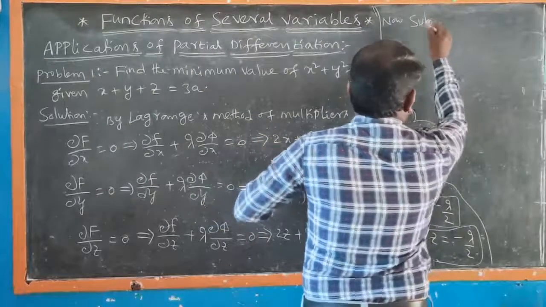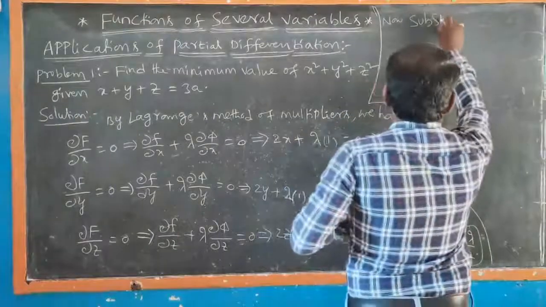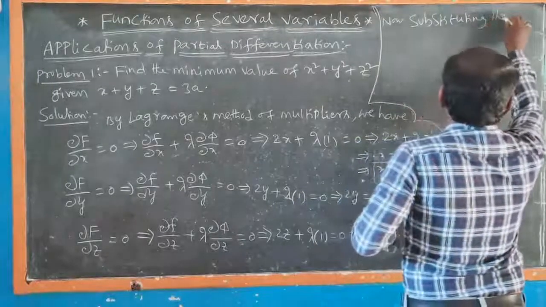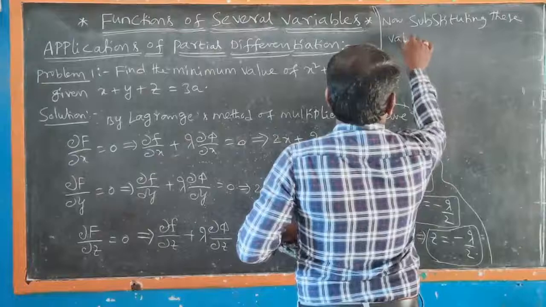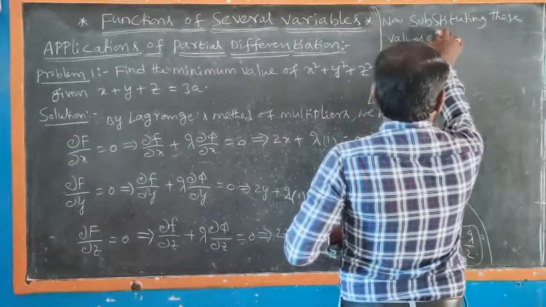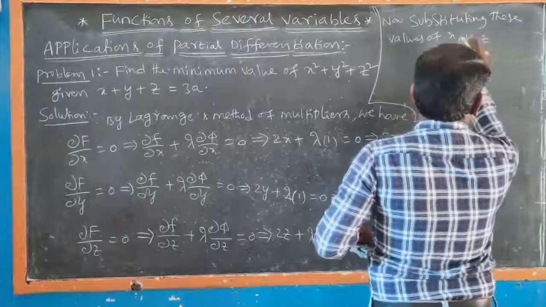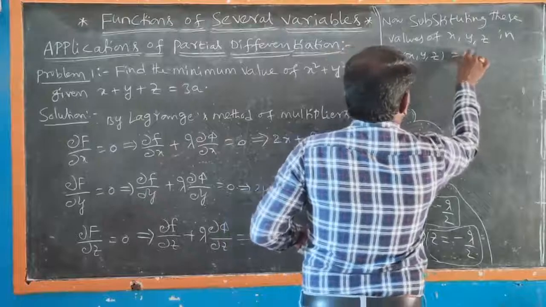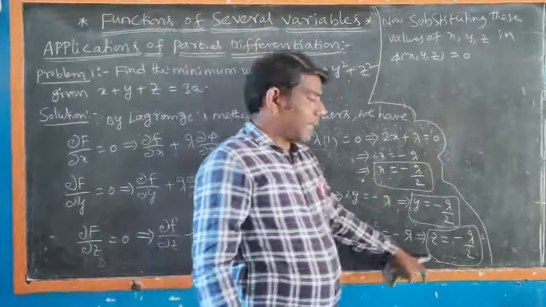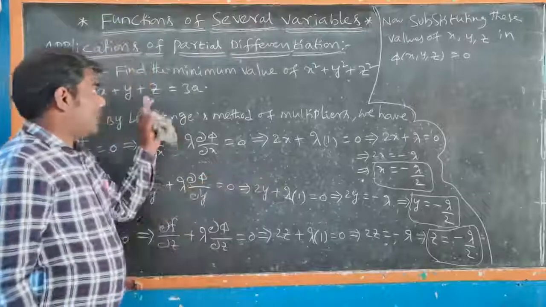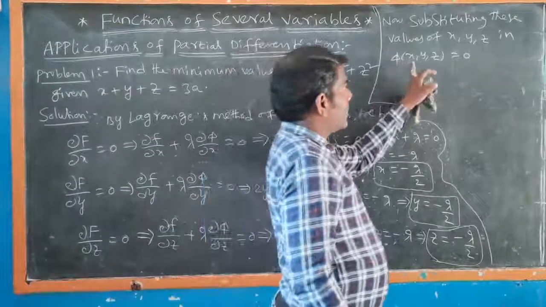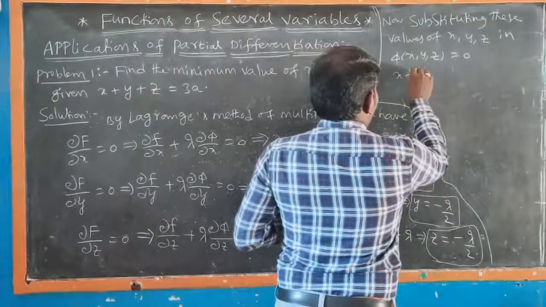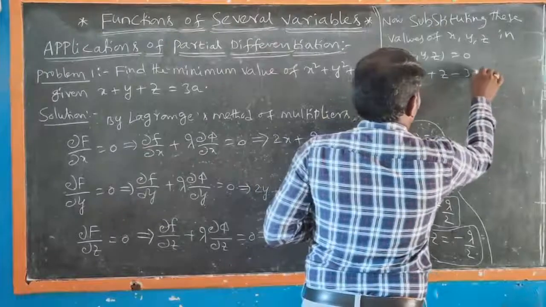Now substituting these values of x, y, z in the constraint φ of x, y, z equal to 0. So x plus y plus z minus 3a equal to 0.